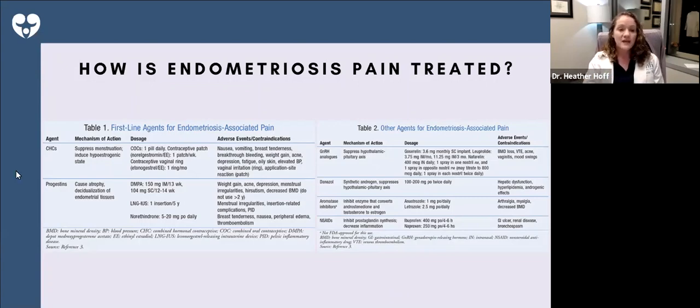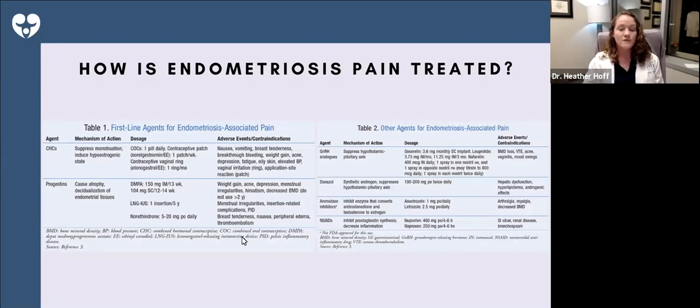But if a woman is not trying to get pregnant, we may add some supplemental hormones. So often the first line for those is going to be combination oral contraceptives or the birth control pill. These do a very good job of suppressing the degree of inflammation and menstrual shedding. And so that can be helpful for the menstrual shedding, the shedding of the endometrial tissue within the cavity as well.